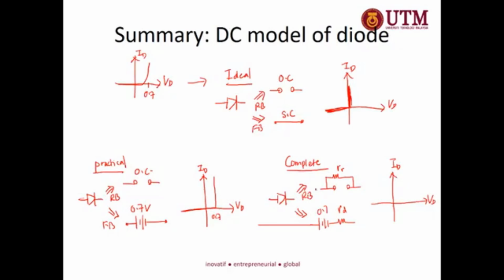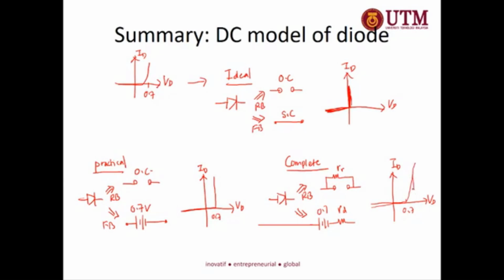Here the IV at reverse bias, because we have RR, the current is not 0, so we have a very small current here. In forward bias, the current starts to flow at 0.7, and then there is some slope here.